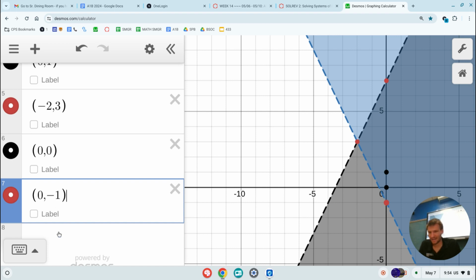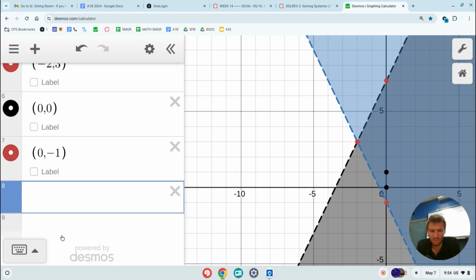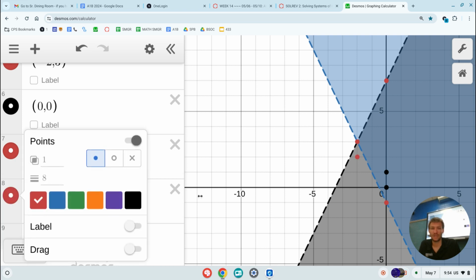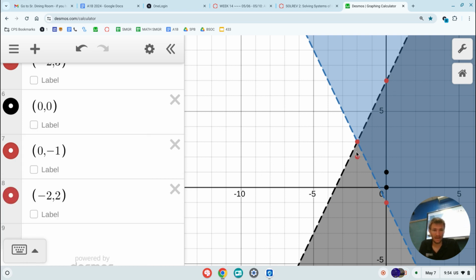It gave me the right color again. Nice job, Desmos, genius. -2, comma 2. This one is in the shaded region, kinda, but it's not in the double shaded region. It is in the shaded black region, but not also in the shaded blue region. So this one is going to be no solution. So red is bad, red is bad, red is bad, red is bad, and these two are good.